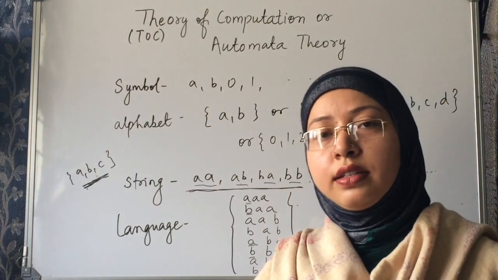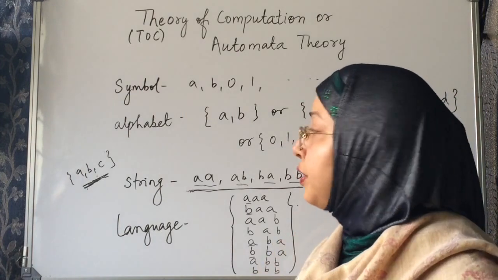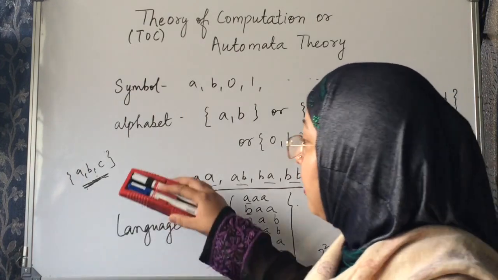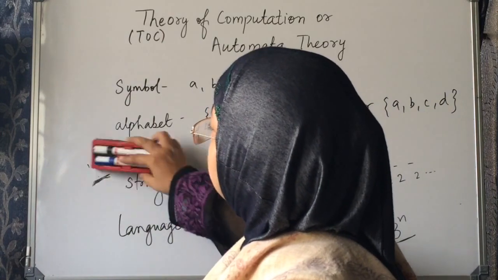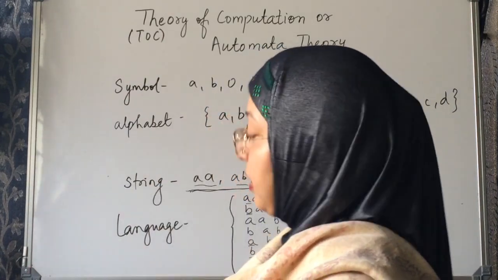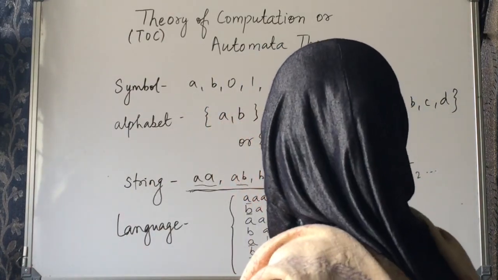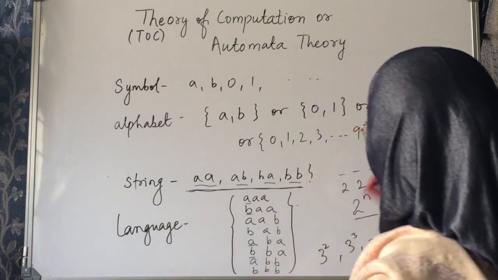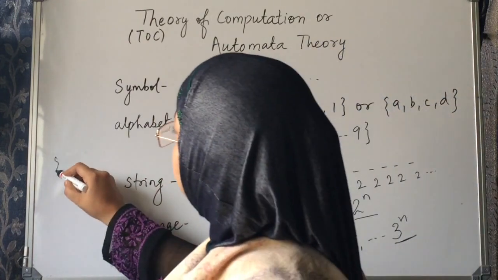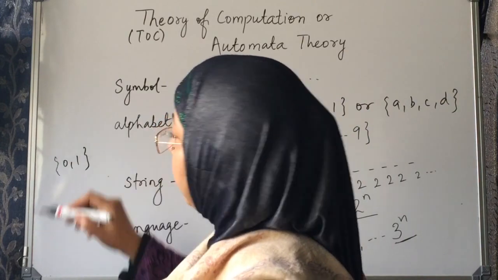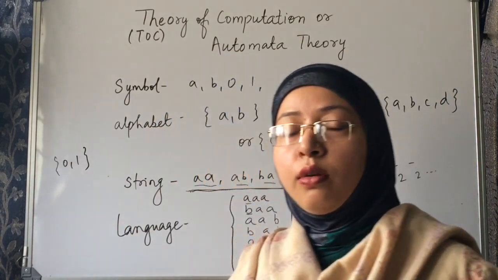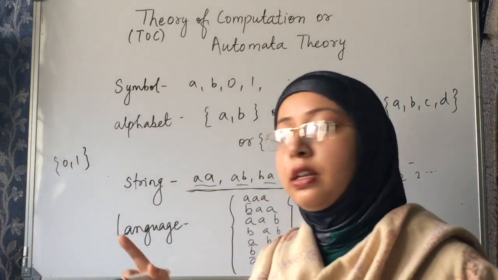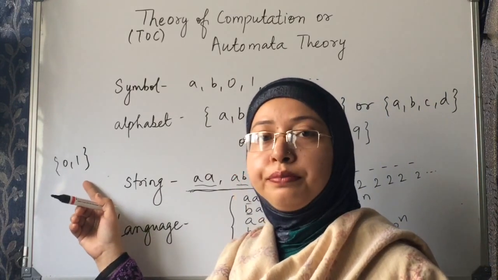Now take another example. If they ask you that your alphabet is now 0, 1, and what are the strings possible of length 2?